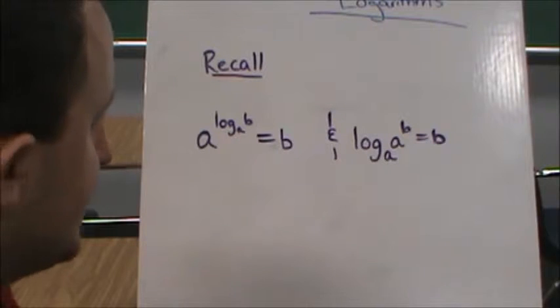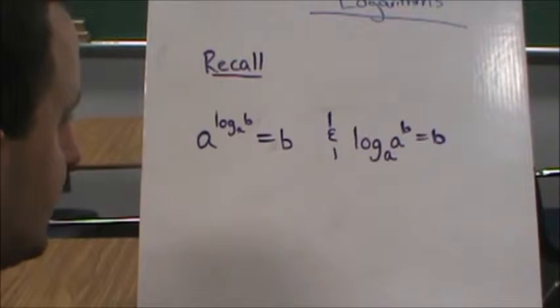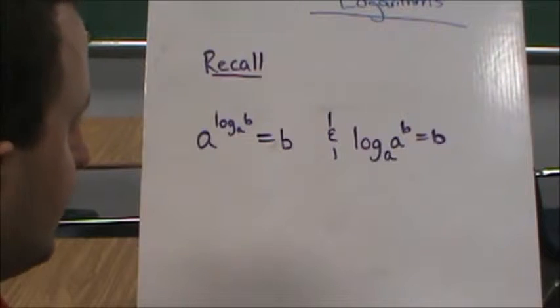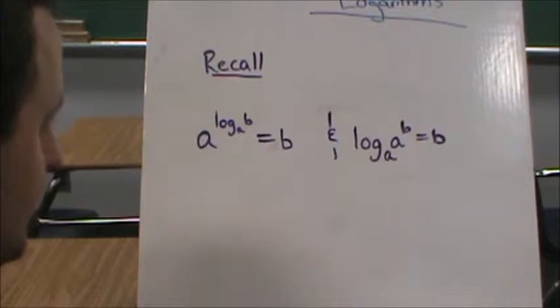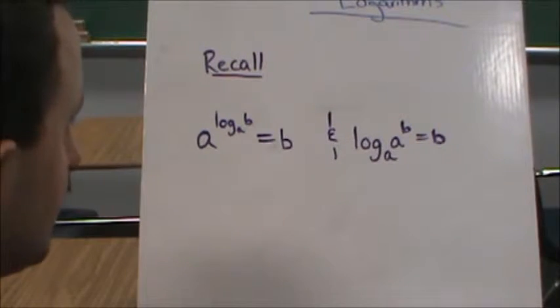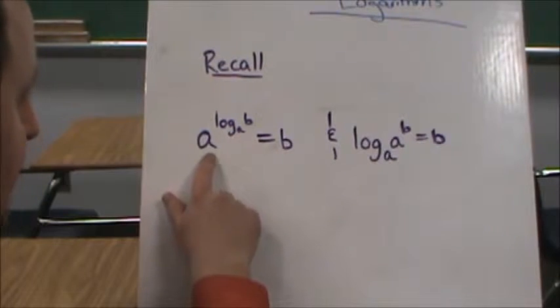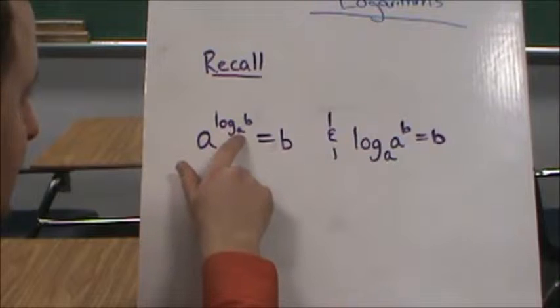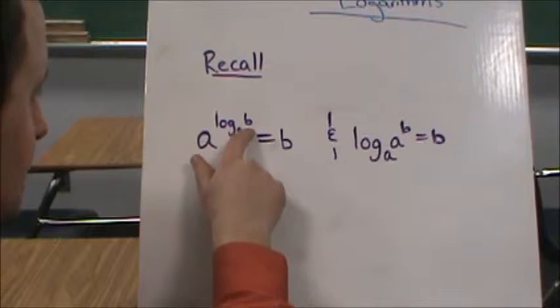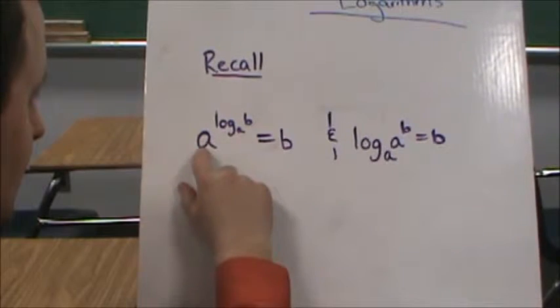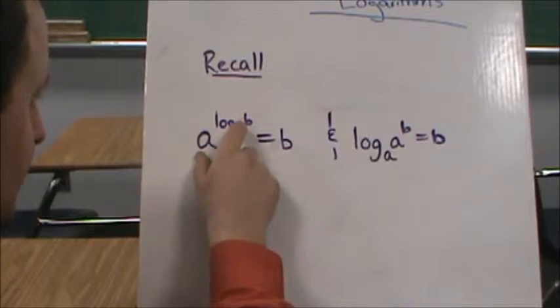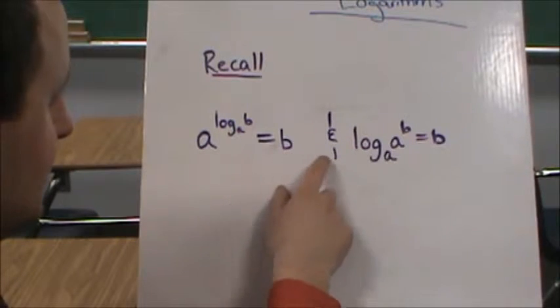And then one last property that we talked about in section 8.3 is the fact that exponential functions and logarithmic functions are inverses of each other. So if we raise a to the logarithm with base a of some value b, then the exponential and logarithm cancel, just giving us our b value.